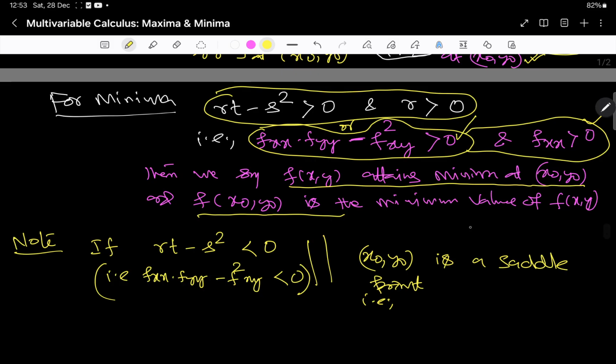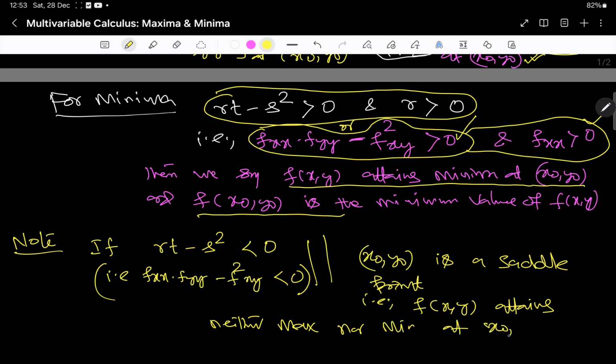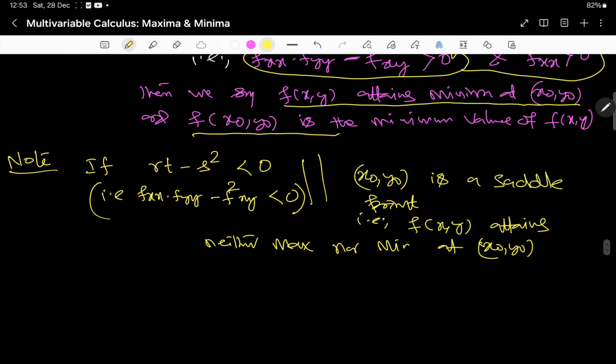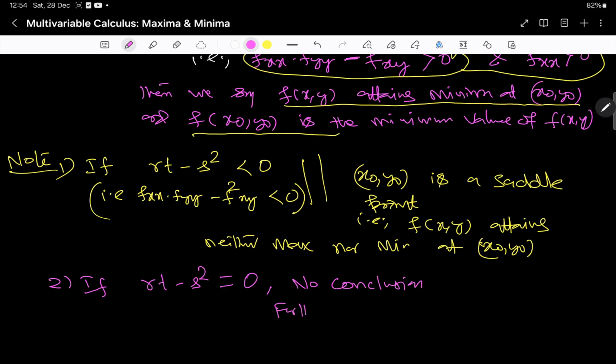That means f of x y attains neither maxima nor minima at x0 y0. Now when rt minus s square is exactly equal to 0, then what will happen? Then no conclusion. Further analysis is required.